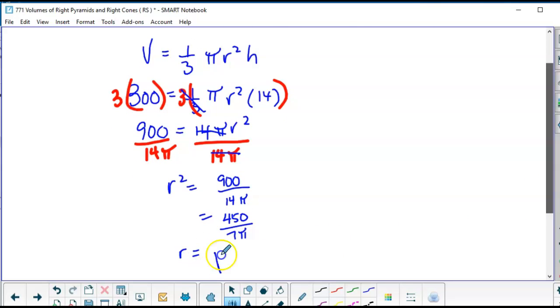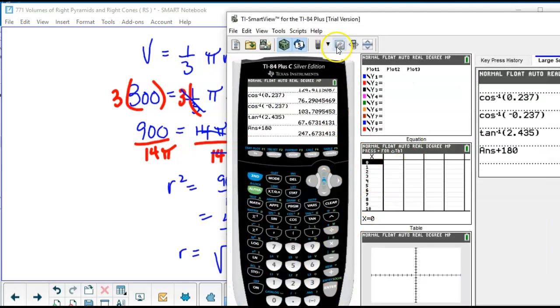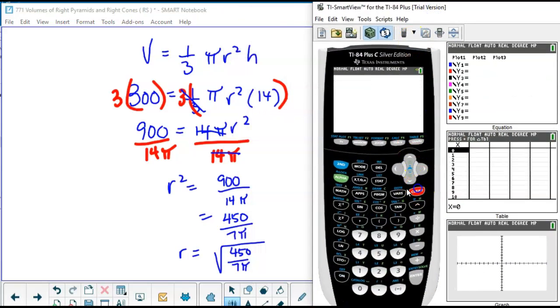And r would be the root of that. Now, in your calculator, if you have the fraction key, then you can go alpha y equals fraction 900 over 14 pi. Okay, enter on that and then square root of that.